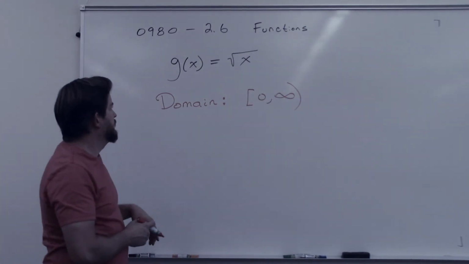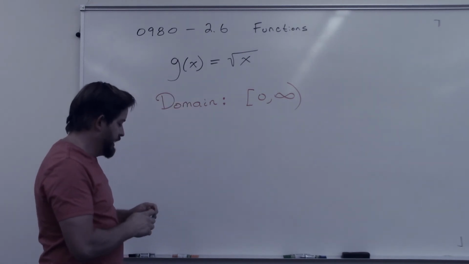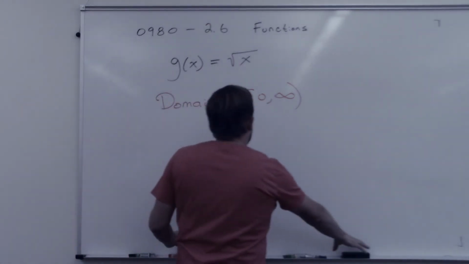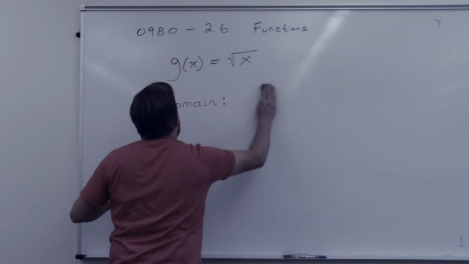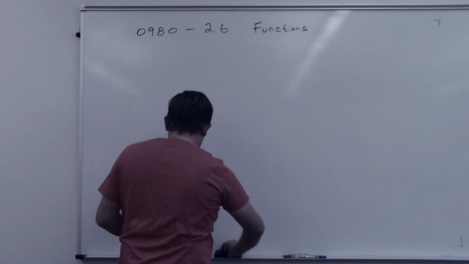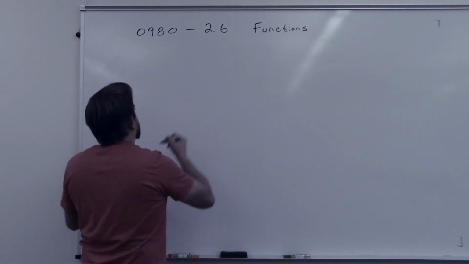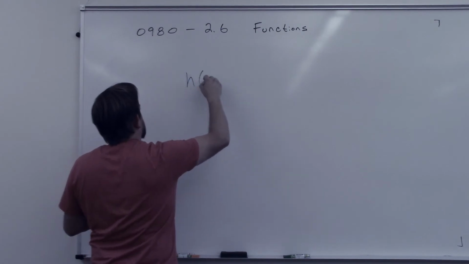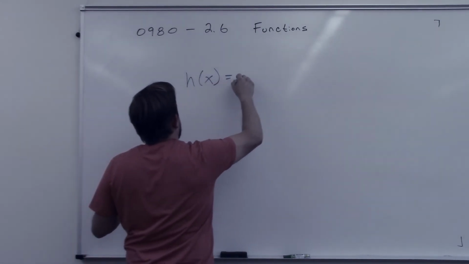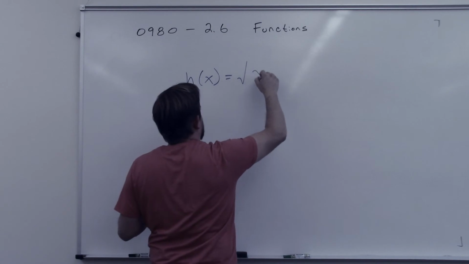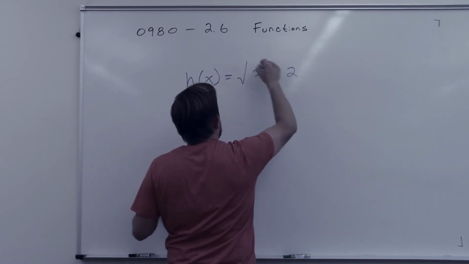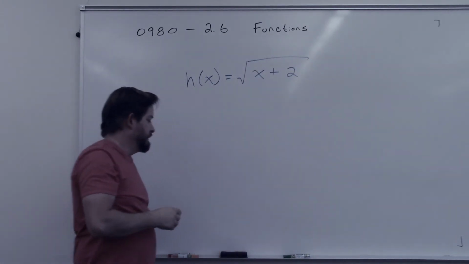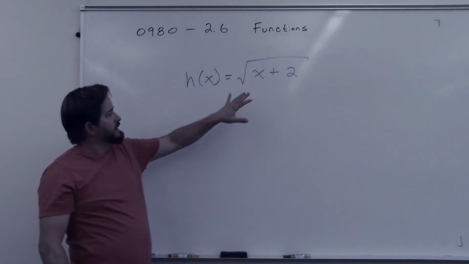So that is the square root function, and of course we could get things a little bit hairier. Let's look at another function. Let's call it h, just for fun. Let's say we have h of x equals the square root of x plus 2. Right? Now I have to consider what's happening here.